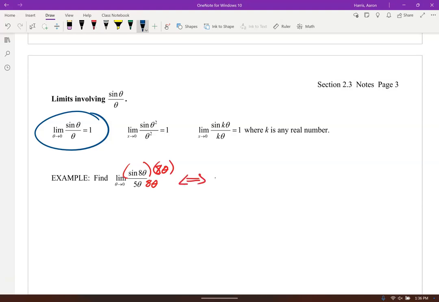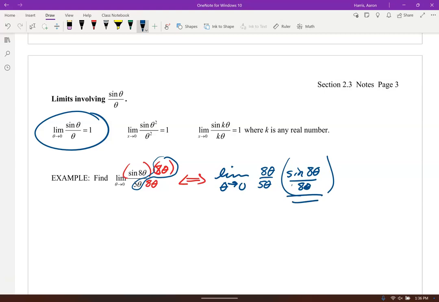So this becomes the limit as theta goes to 0 of, let me write this part out front, 8 theta over 5 theta times, this is what I wanted, sine of 8 theta over 8 theta, right? Yes, I'm in business here. This part I like. Well, 8 theta over 5 theta, I can cancel the thetas.